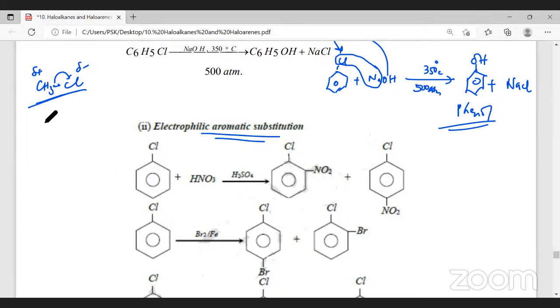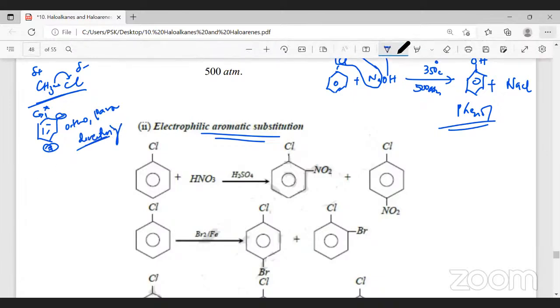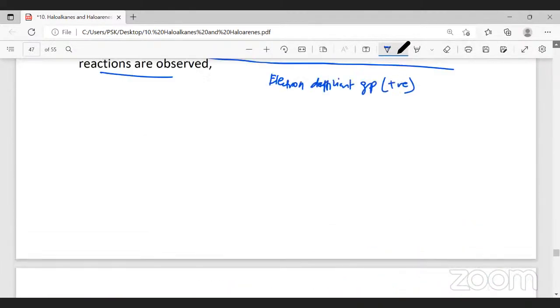But in the case of aromatic halides, any halogen for that matter, it will behave like an electron donating group. When it behaves like an electron donating group, it will direct the reaction to the ortho and para positions. Therefore, it is called an ortho-para directing group.